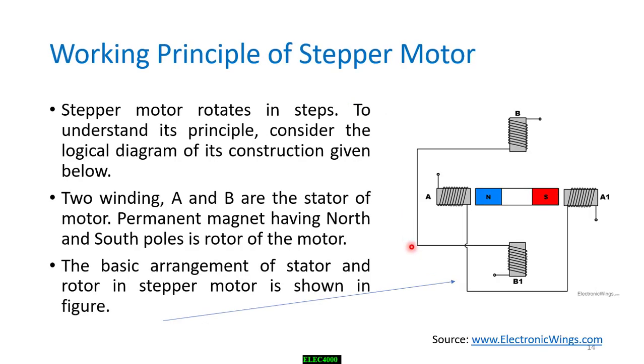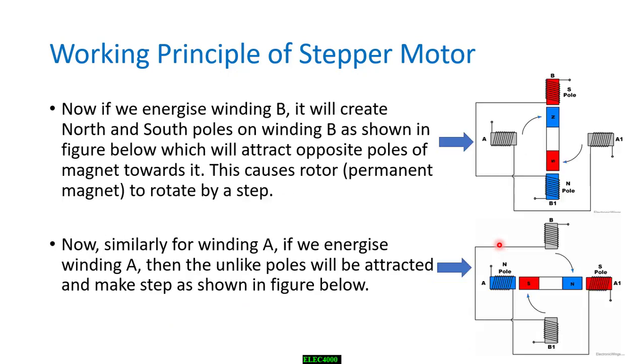Now, the working principle of a stepper motor. We have the windings and we have a magnet over here, which is the rotor. And once we energize one of the windings, the motor will start spinning.